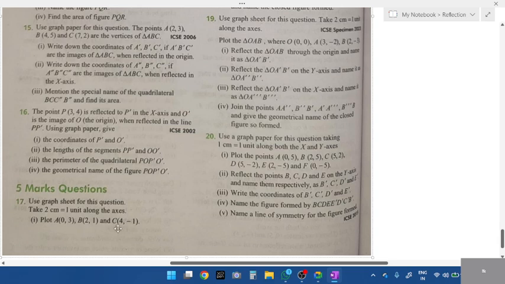I will copy the A, B, and C values. A, B, C. 2 centimeter 1.